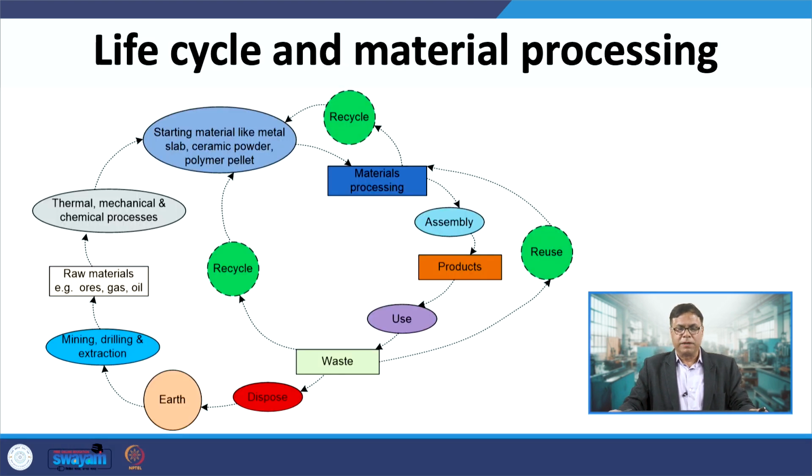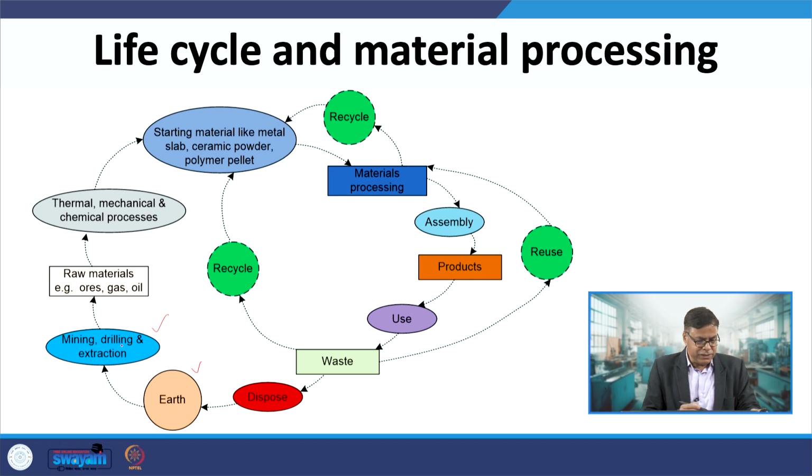So, this is what we can see as far as material processing is concerned, where material processing exists. Say this is our earth, and from the earth, through mining, drilling and beneficiation, we try to extract the material.